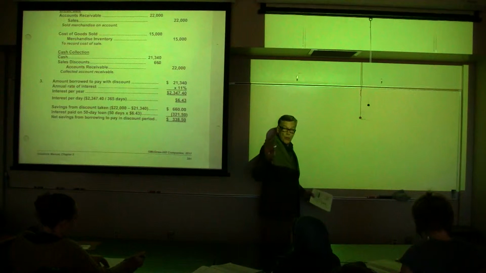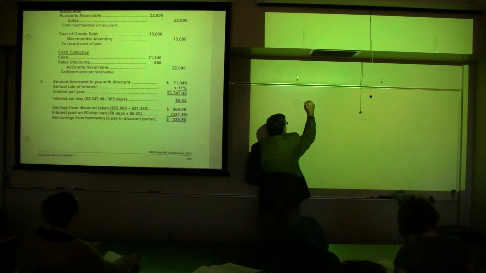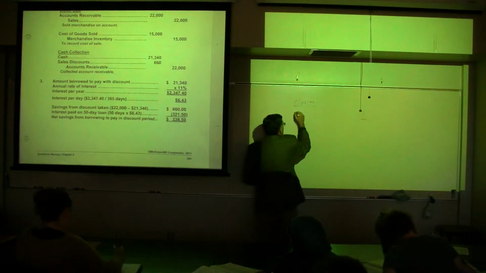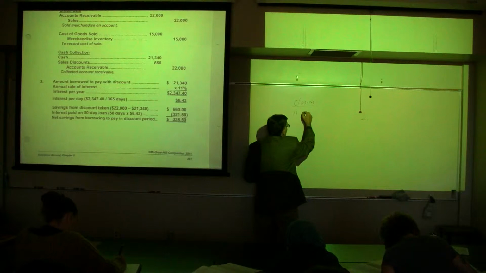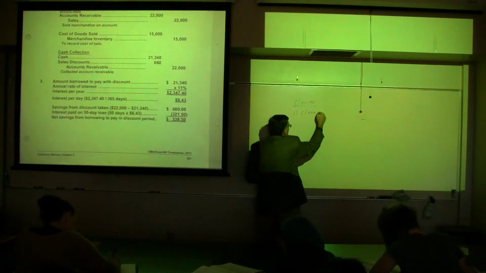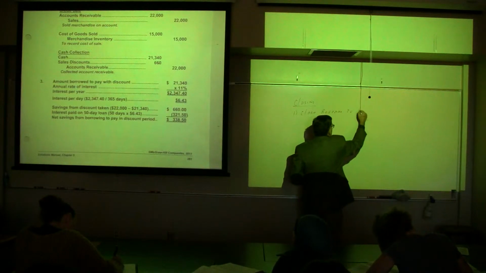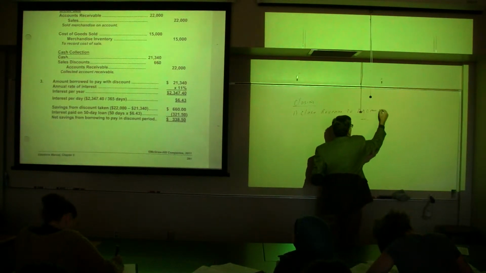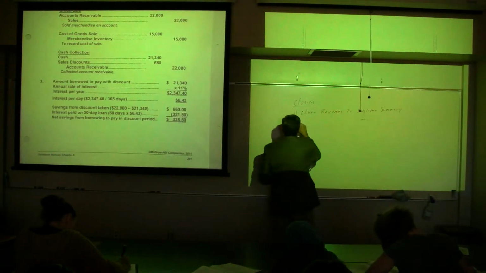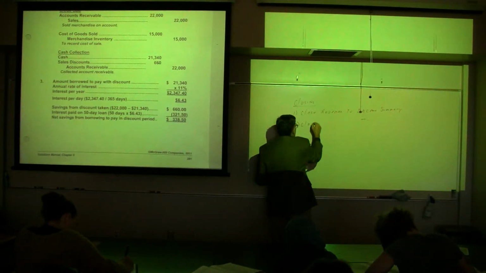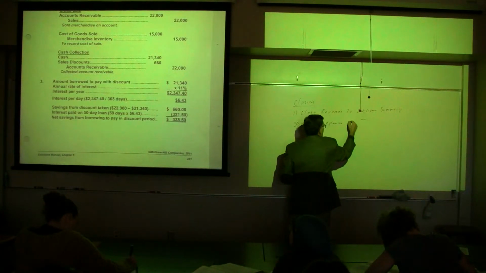Now, don't forget, there's 4 steps to every closing process, right? So this is closing. Steps 1 and 2 can be reversed. Step 1 is you close revenue to income summary. Step 2, you close expense to income summary.